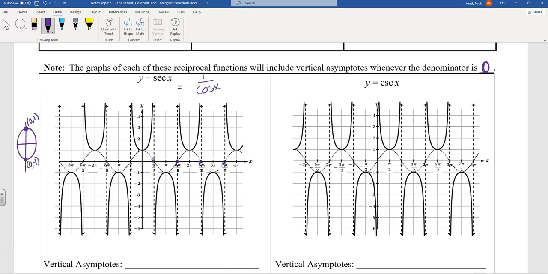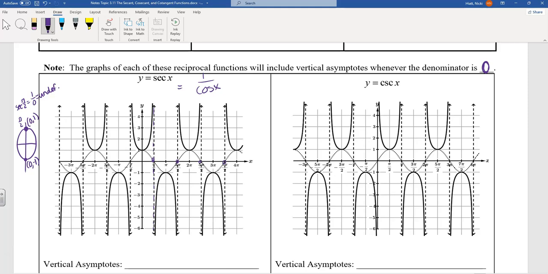So if we're doing secant at pi over 2, secant of pi over 2 would equal 1 over 0, which is undefined. And so at pi over 2, you can see a vertical asymptote right there.